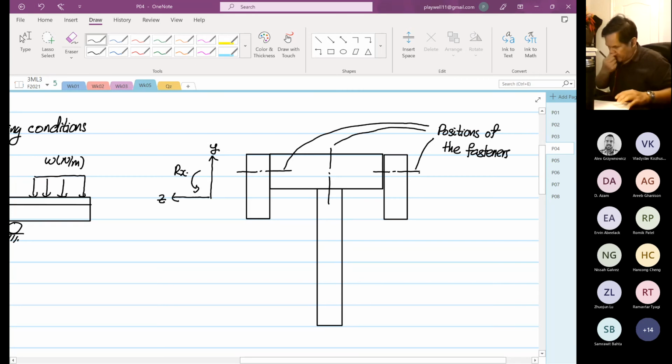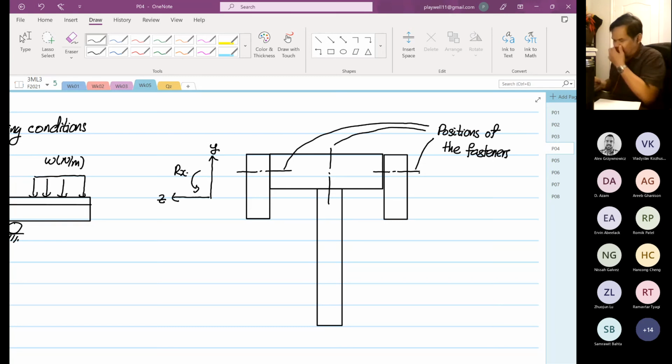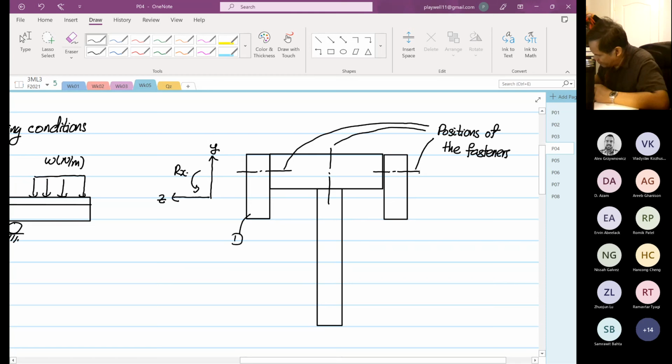Now, if this beam were to fail, so this beam is not made of a solid T, right? So you have different parts. So this is member number 1, member number 2, member number 3, and member number 4, right?